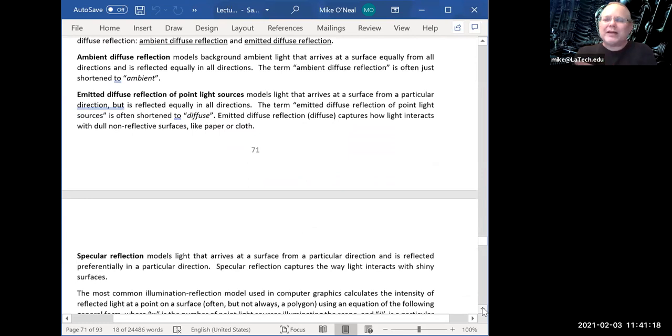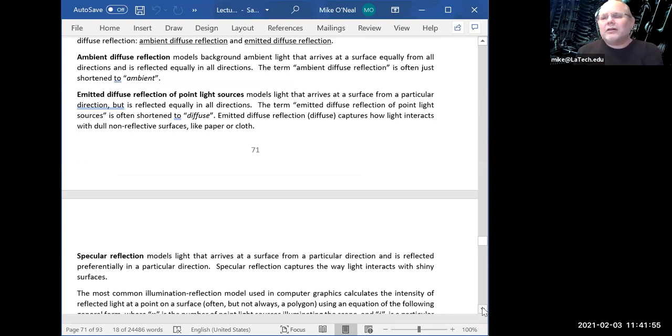So in addition to illumination, a lot of times you'll hear me say illumination, and sometimes you'll hear me say reflection, and sometimes I'll say an illumination model, and sometimes I'll say an illumination reflection model. Technically, when I say illumination, I'm talking about light coming in and hitting a surface, modeling how much light arrives at the surface. If I say reflection, I'm talking about the light that bounces off of the surface.